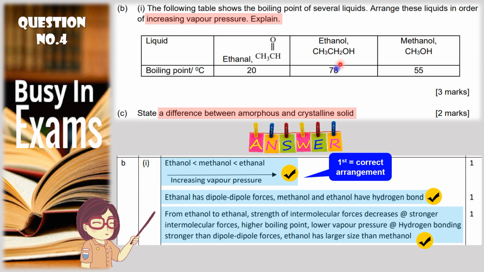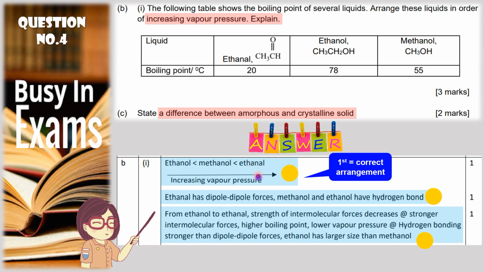Since ethanol has the highest boiling point, it has the lowest vapor pressure. And the liquid with the lowest boiling point should have the highest vapor pressure. So this is the sequence.